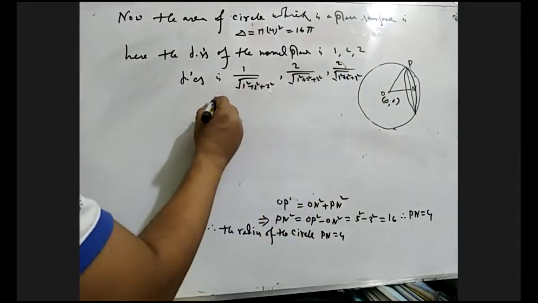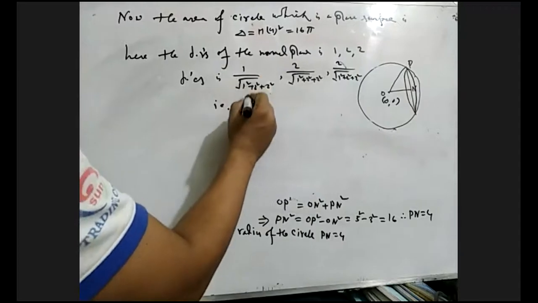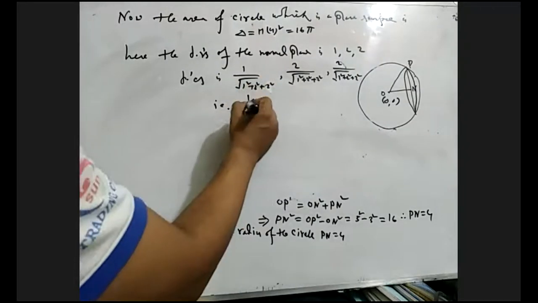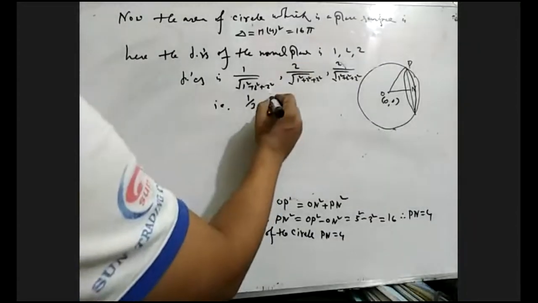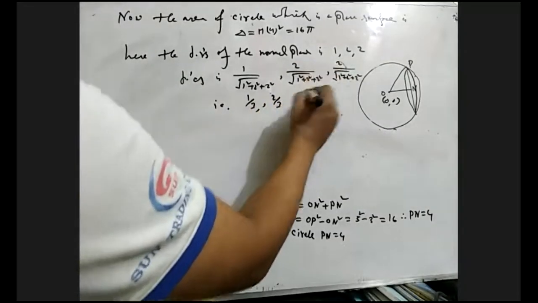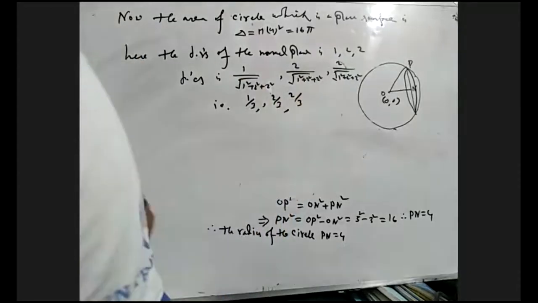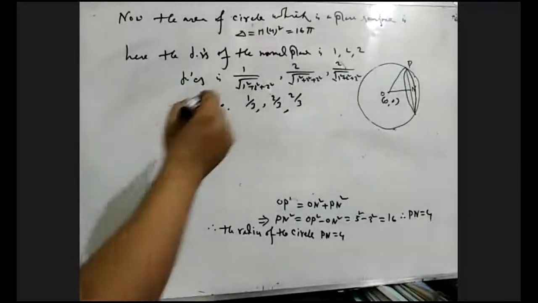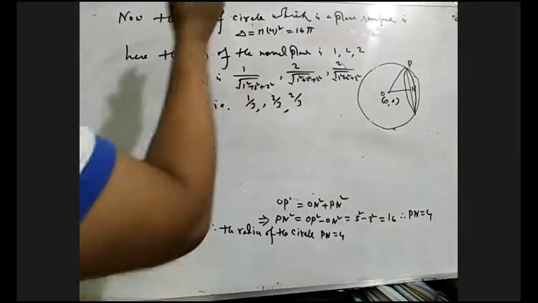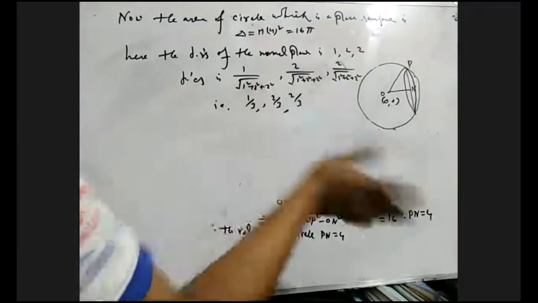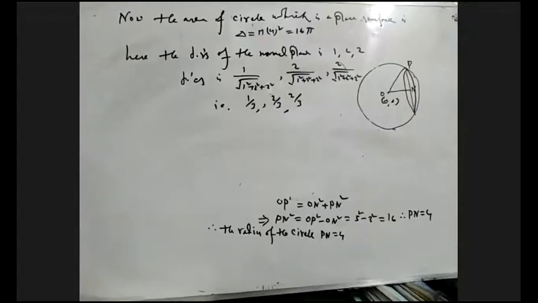That means 1 by root 9, which is 1 by 3, then 2 by 3, and this also 2 by 3 after calculation. So these are the direction cosines. We can derive direction cosines from direction ratios using the formula I gave you earlier in these classes.